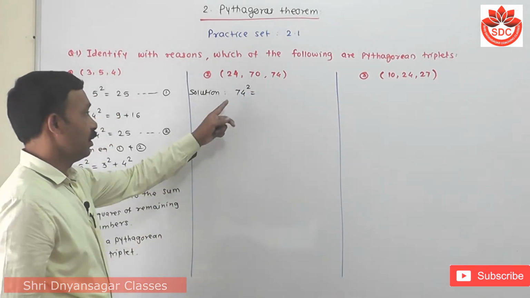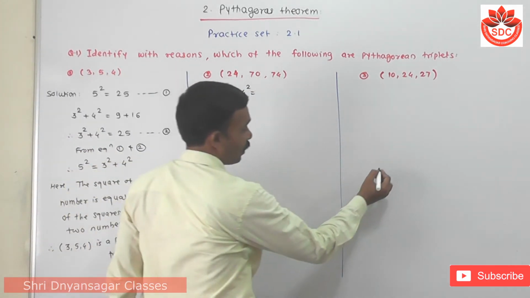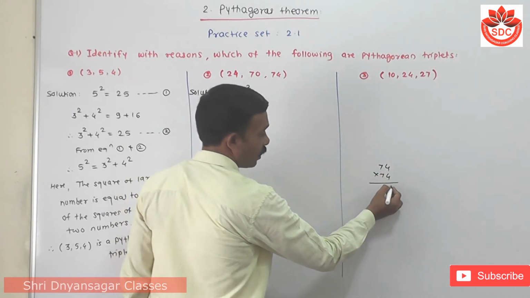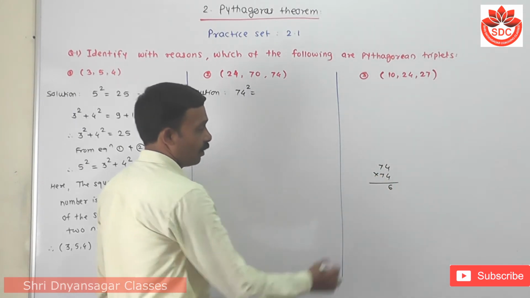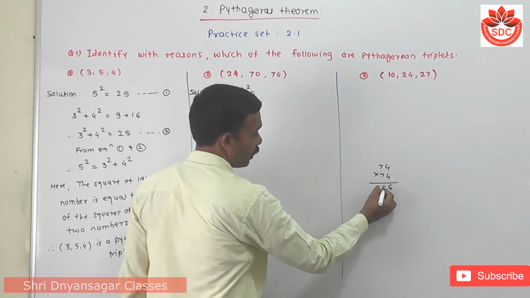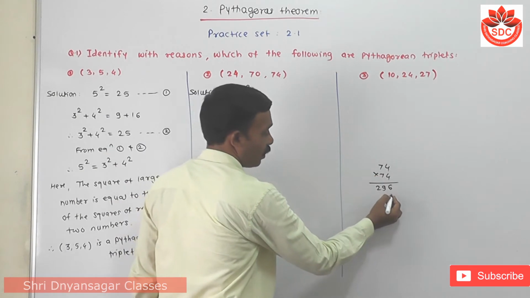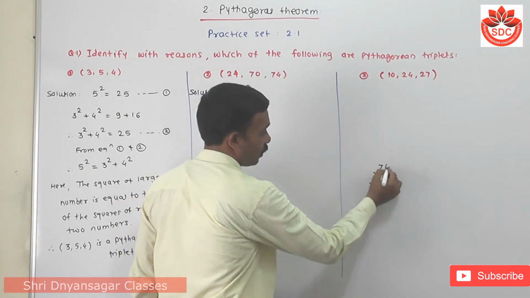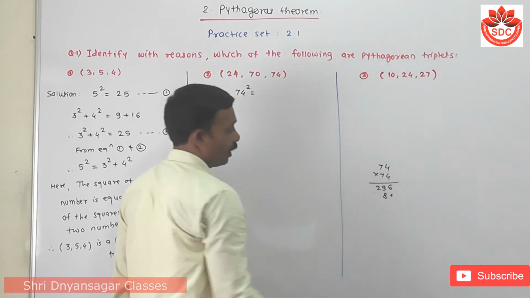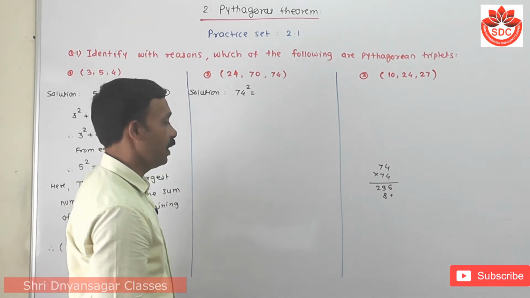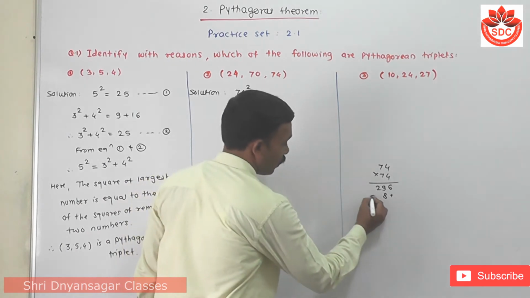Students, let us find the square of 74. 74 into 74. 4 fours are 16, carry 1. 4 sevens are 28 plus 1 is 29. Then 7 fours, 28, carry 2. 7 sevens are 49. 49 plus 2 becomes 51.